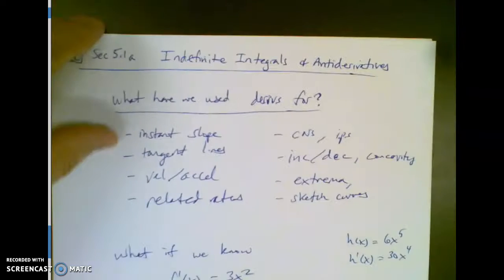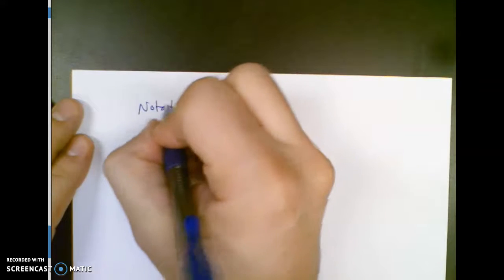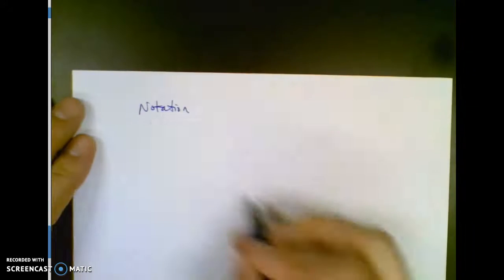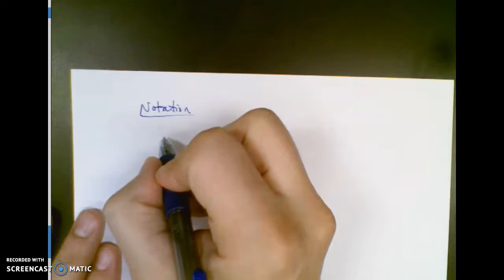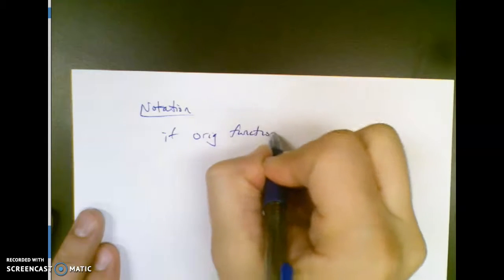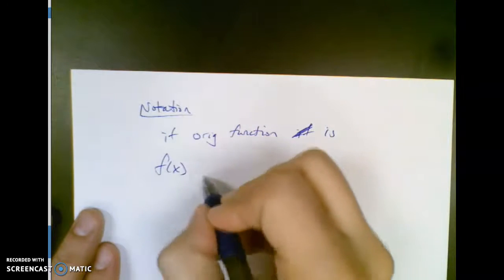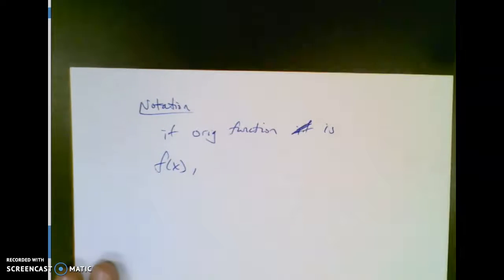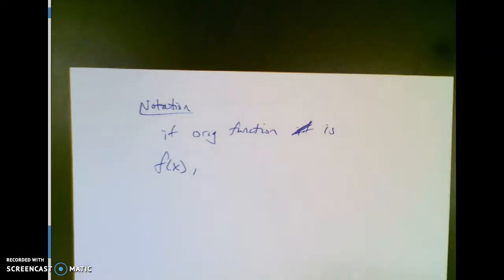So we're going to get a little notation here. Let's do notation. You're just learning the rule for the opposite of the power rule today. If the original function is f of x, then the antiderivative, so to go back a step, we already know if you have f prime and you go back a step, you go to f of x.